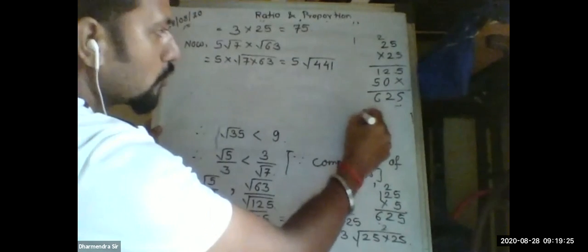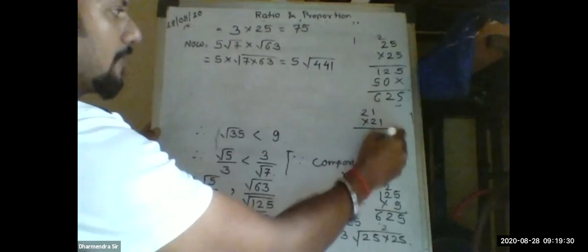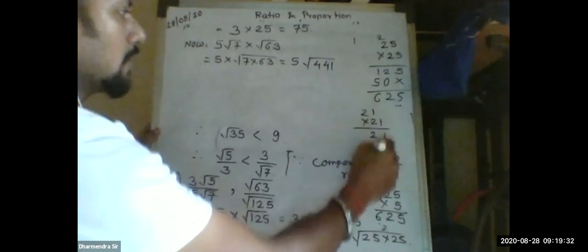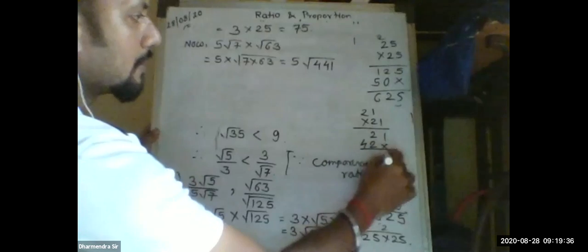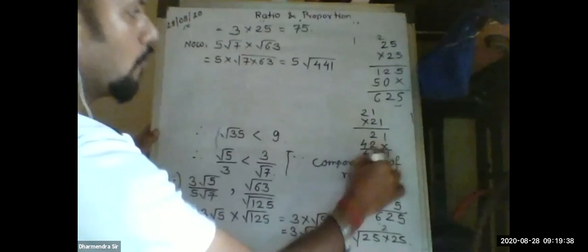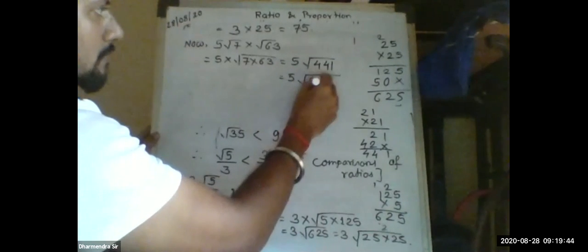And when we do 21 into 21, 1 ones are 1, 2 ones are 2, 2 twos are 4. So we're getting 441. So we can write this 441 as 21 into 21.